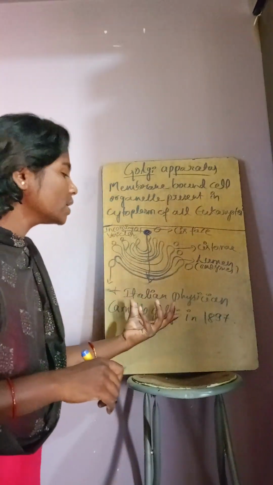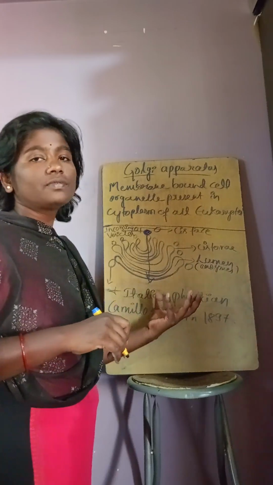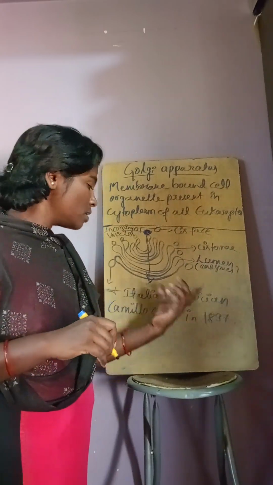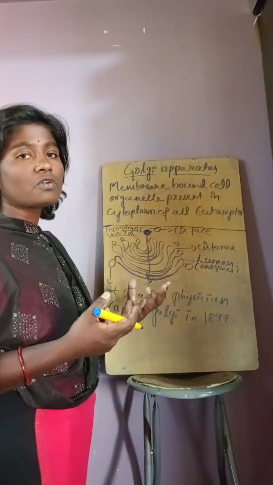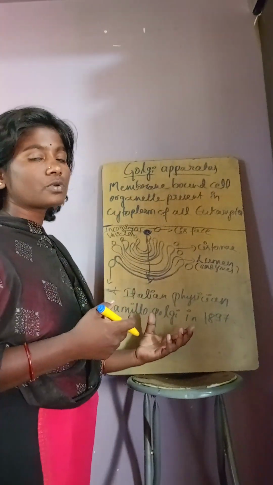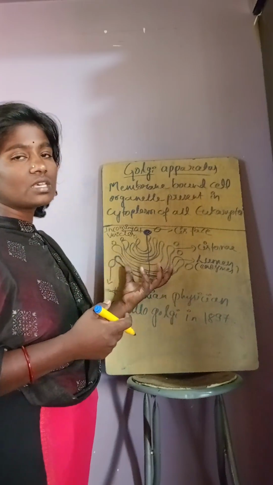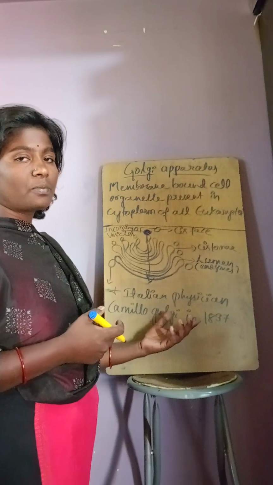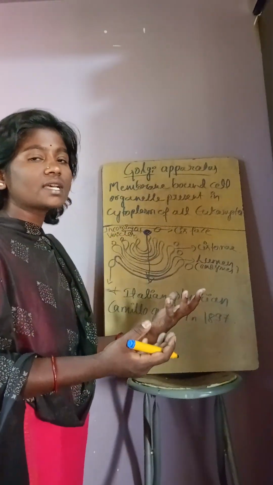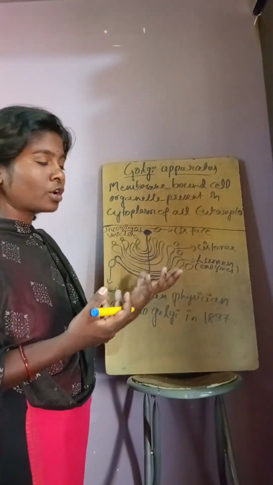He observed the Golgi apparatus by the technique of staining in the cell, and he named it the Golgi cell organelle in 1897.